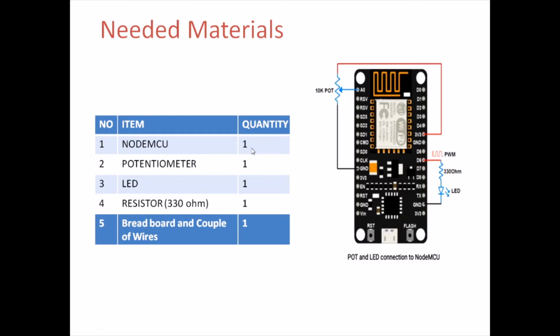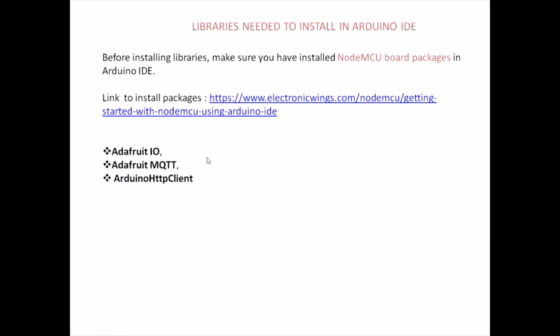We need the potentiometer, which is this one, just a 10K potentiometer, and we need an LED, which is this one, only one, and we need a resistor. This is a resistor, and this is one LED, whatever value, whatever color you choose, it doesn't matter. And then we need a couple of wires for this tutorial.